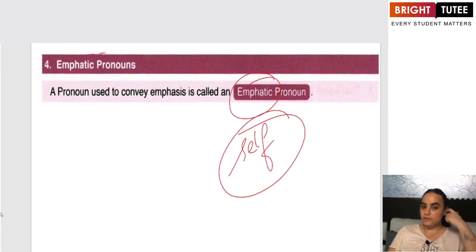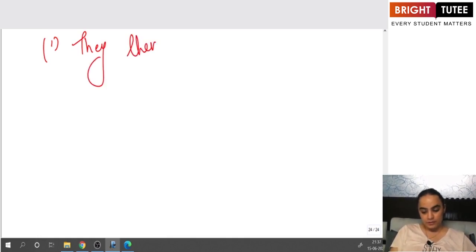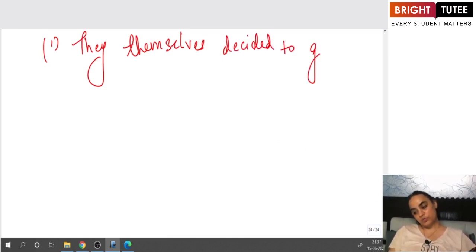That is the reason why I said that we need to pay attention to the self word and to the fact that the reflexive pronouns are used as the object of the verb. Why did I say that? Now let us look at a few examples and then you'll be able to understand this better. So if I say, they themselves decided to go there.